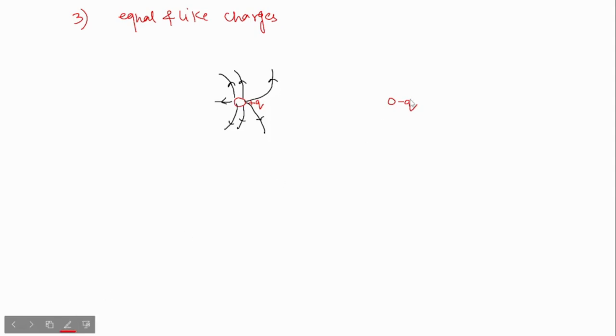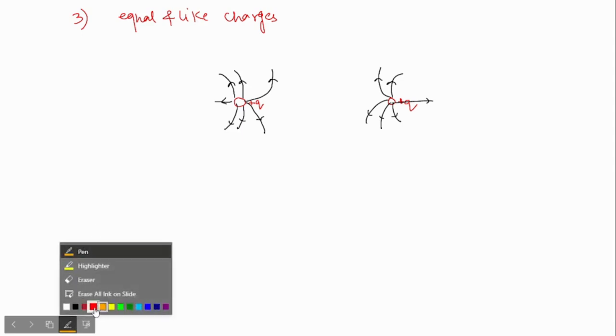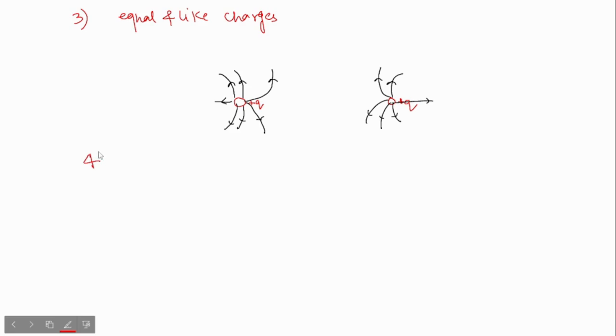We are doing this case for equal positive charges. So for this charge as well, the direction will be somewhat like this. They will be emerging from it, like this.